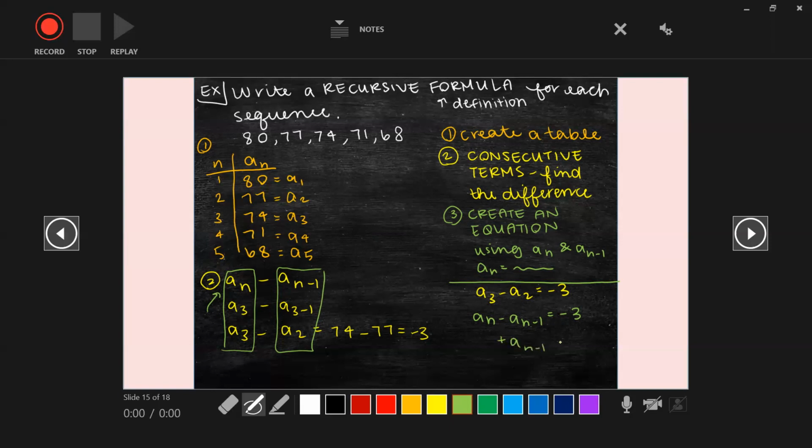You're going to add your a sub n minus 1 to both sides. So a sub n is equal to a sub n minus 1, minus 3. That is your answer. That is your recursive formula.